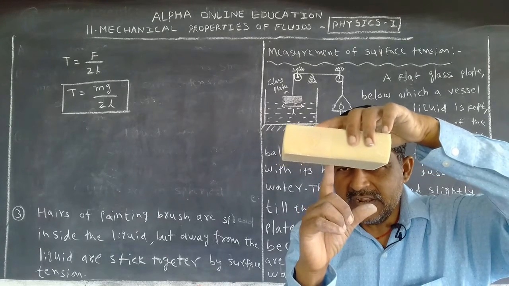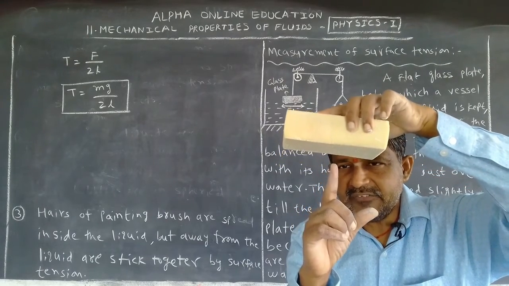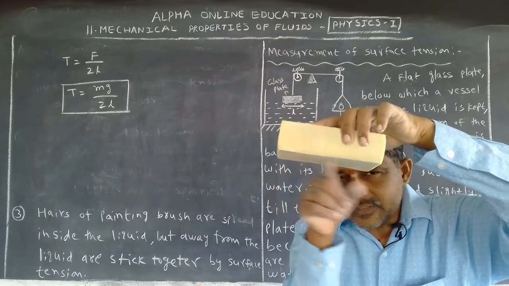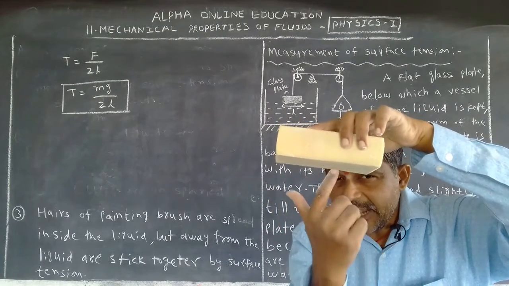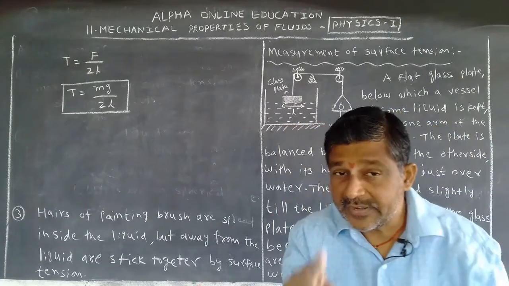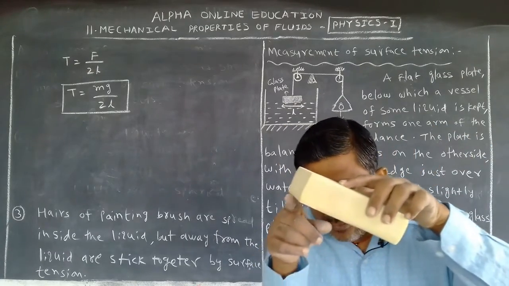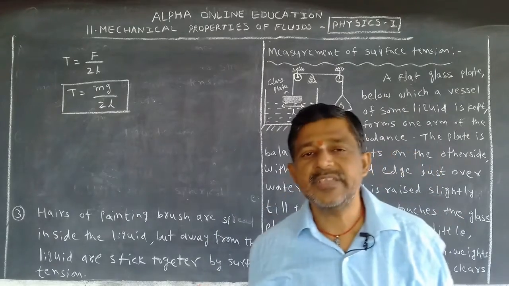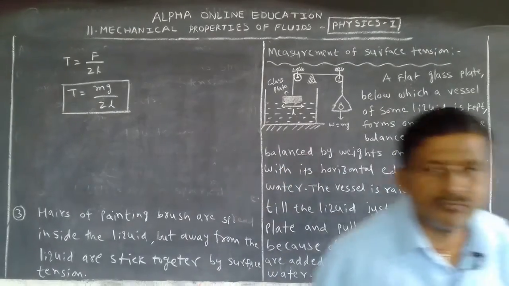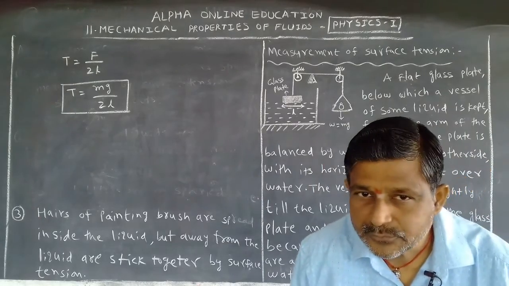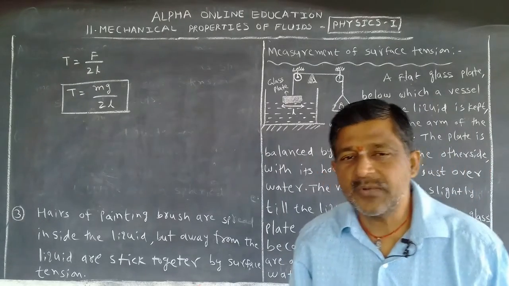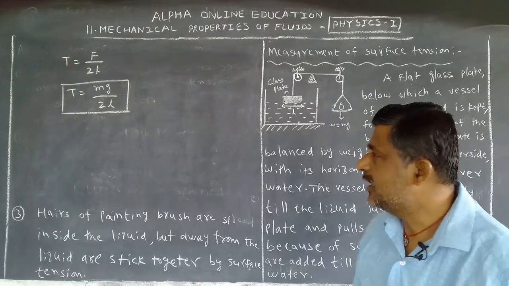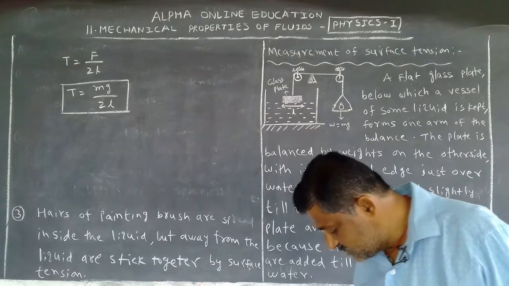When we lift it by suspending the weight, water is in contact here, and there is one more film, the air film. Water film and air film, so how many are there? Two. The interaction of the air and water film means two surfaces interfere. That's why the length is not L, it is 2L.